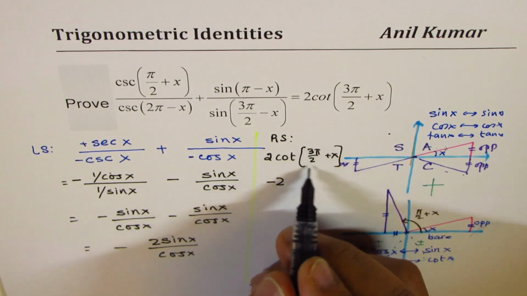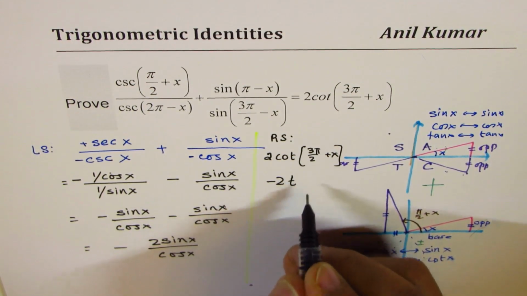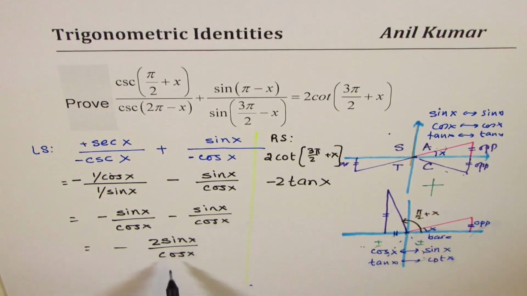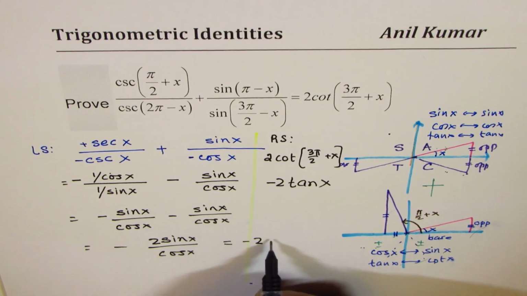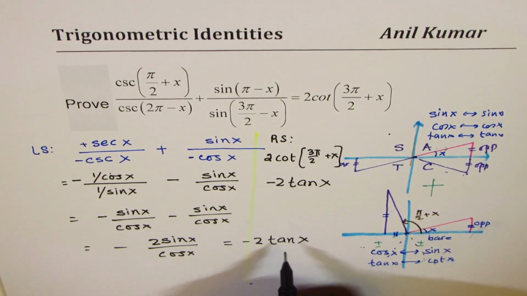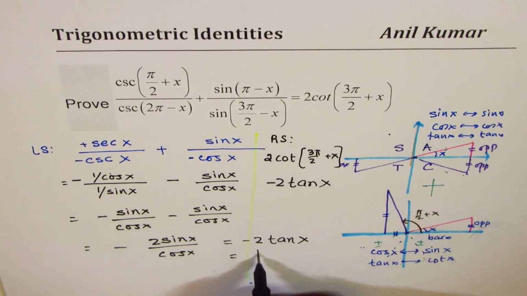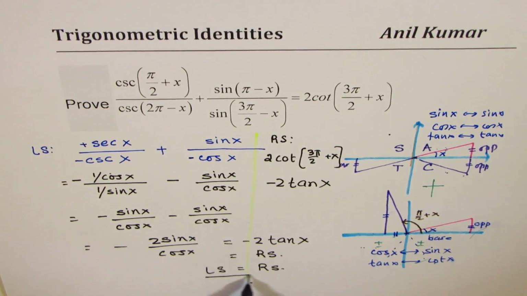And since it is 3 pi by 2 plus something, cot changes to tan, so it becomes minus 2 tan x. And that's what we have here, which is minus 2 tan x. Do you see that? So minus 2 tan x is same as this, which is right side. So we have shown that left side is equal to right side.